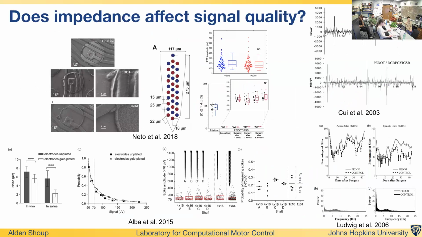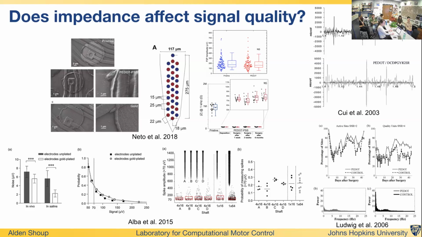These are just 4 of them, but I found like 10 or so that try to quantify the correlation between impedance and the signal quality that you get during a recording. And the answer is sort of. Some people did find it, some people didn't. In some cases, they may have seen it a little bit, but it wasn't significant, or they just flat out didn't see a correlation.